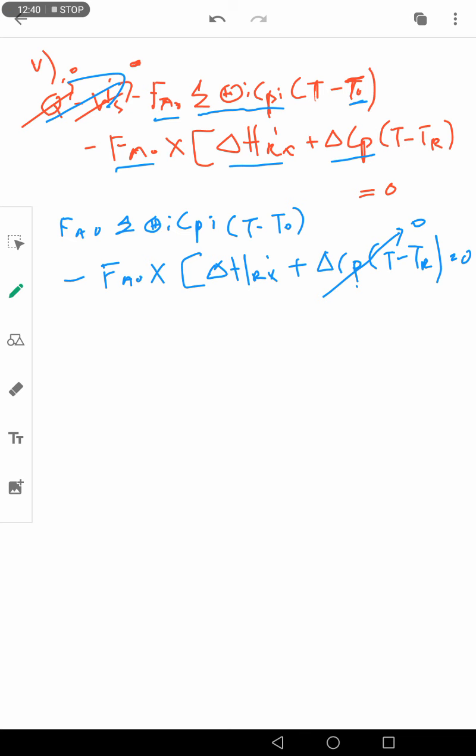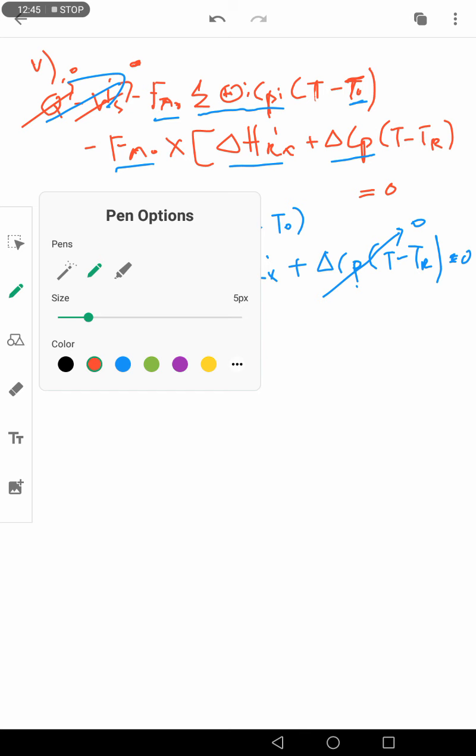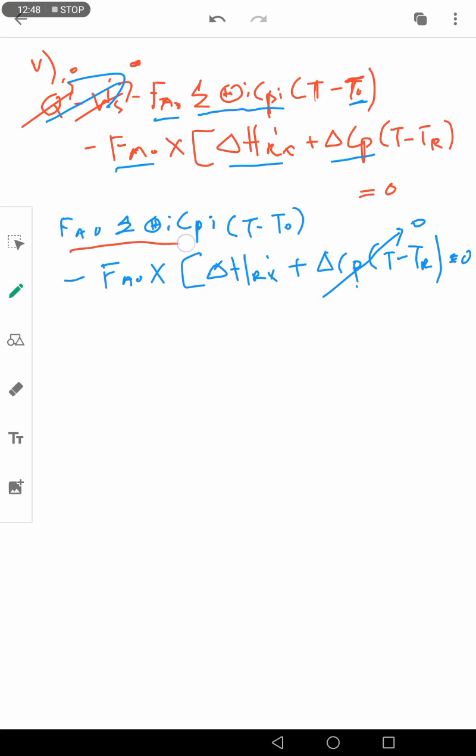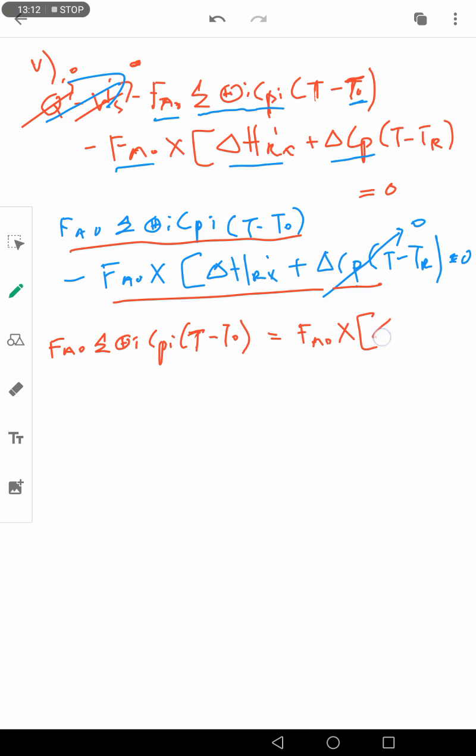Tapi sebab ni adalah equals to 0 kan. So this side can be equals to this side. So meaning that it's going to be FA0 (T minus T0) equals to FA0 X. So dia akan dapat itu.